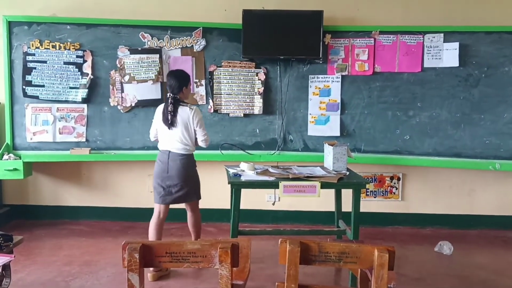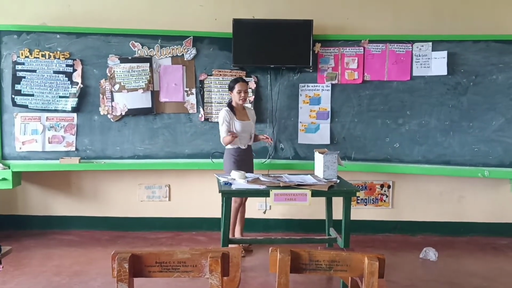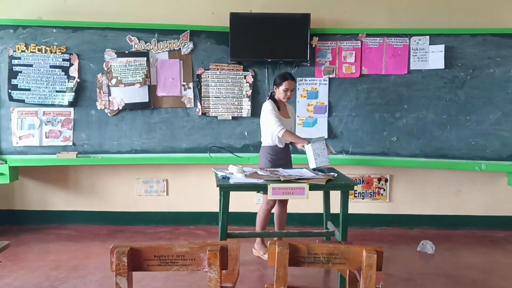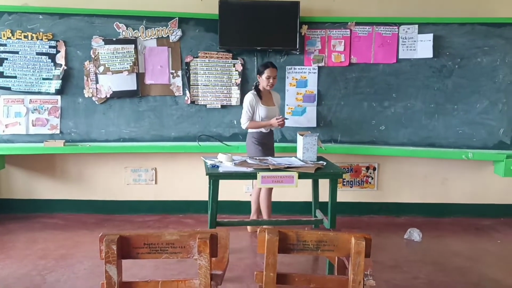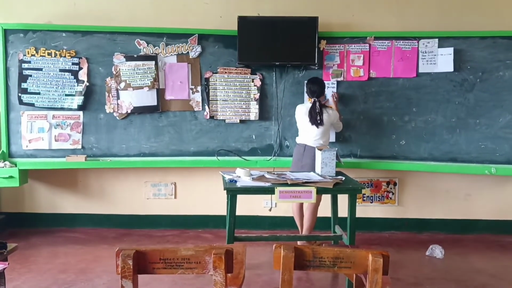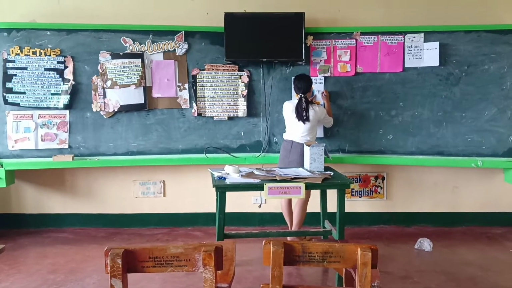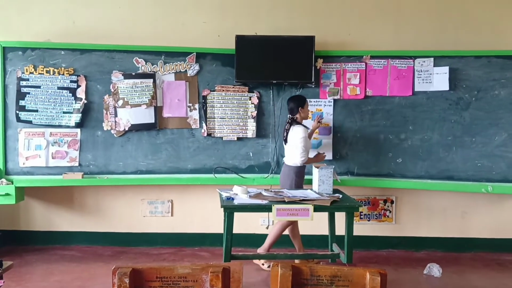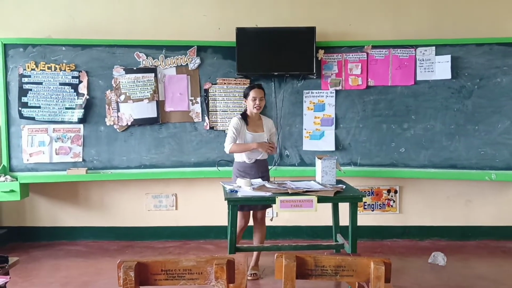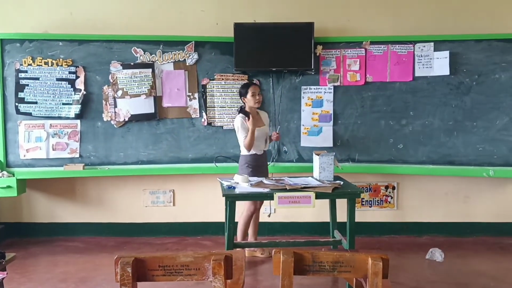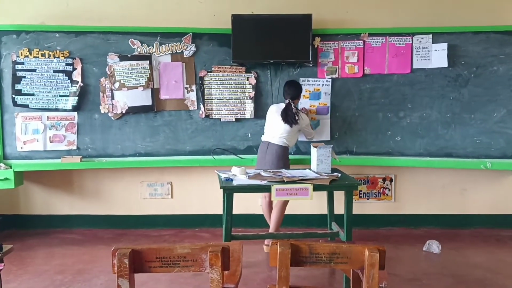Time is up. So, who wants to answer number 1? Yes, very good. The answer is 98 cubic centimeter. And number 2, yes, Saila: 168 cubic centimeter. Yes, very good.